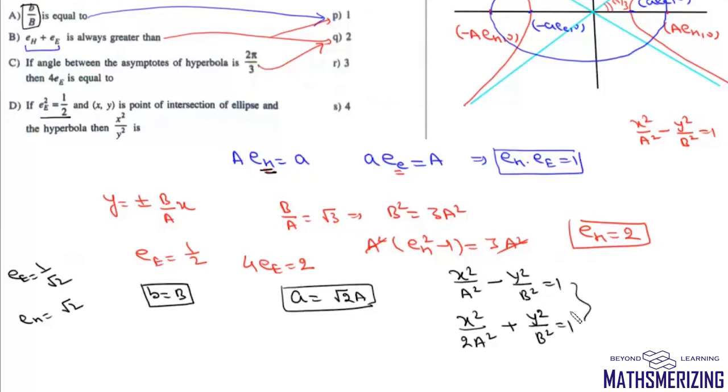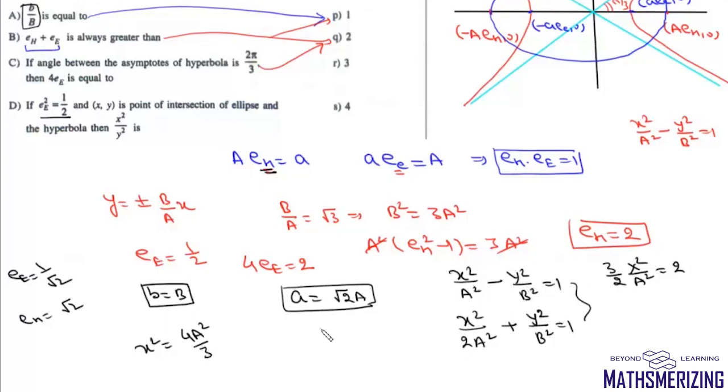Now we'll add them, then this y square upon B square will cancel, then we'll get 3 upon 2 x square upon capital A square equals 2. So from here we say the value of x square is 4 capital A square upon 3. Now we put the value of x square upon A square as 4 by 3.